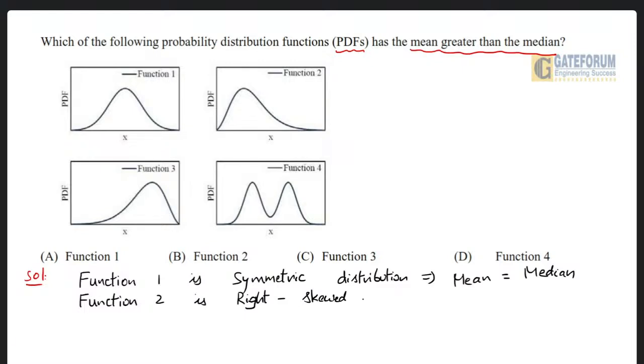Right skewed or positively skewed probability distribution function implies for this, mean greater than median.